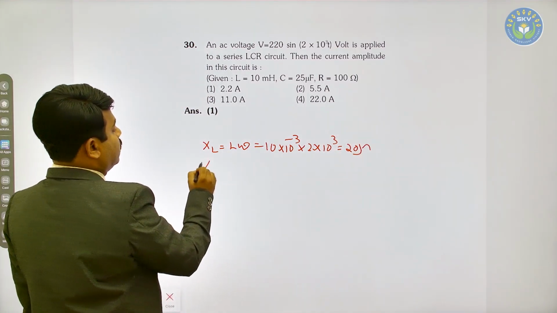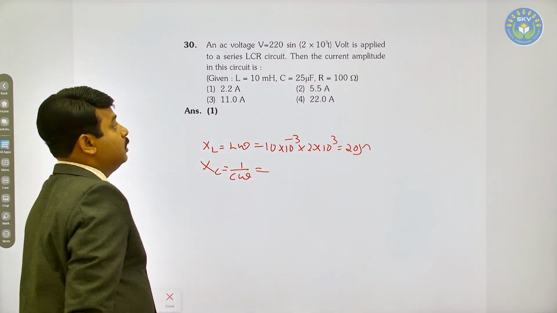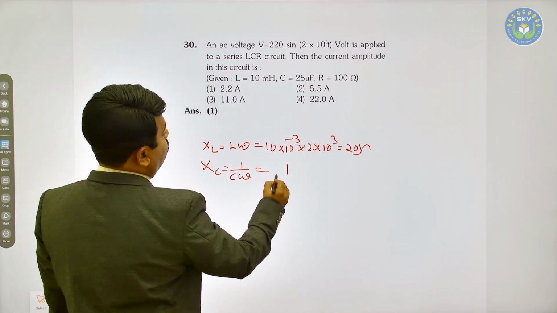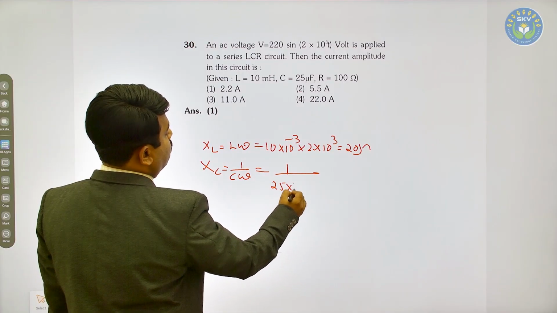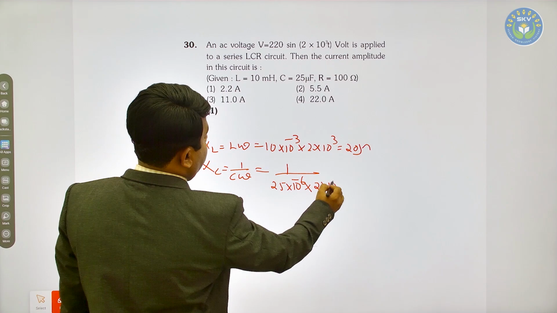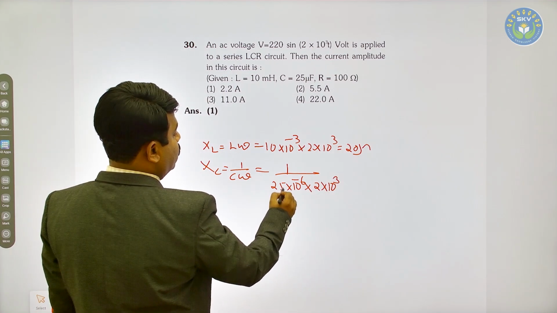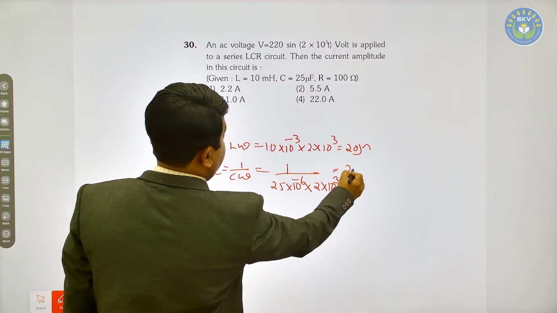What is capacitive reactance? That is 1/(C omega), right? Capacitance value is given, that is 25 into 10⁻⁶, and omega again 2 into 10³. This also gives 20, again 20 ohm.